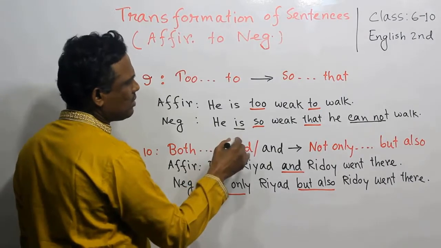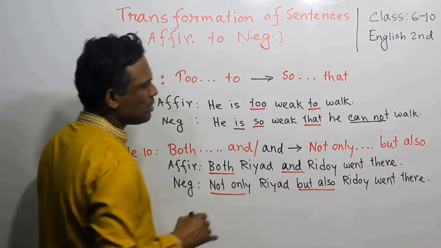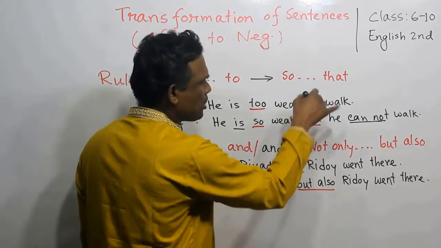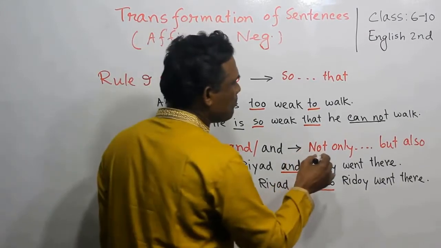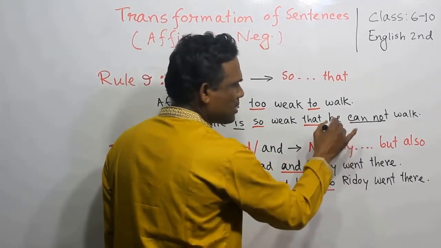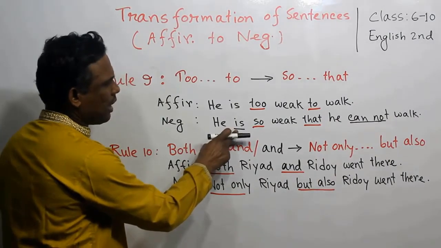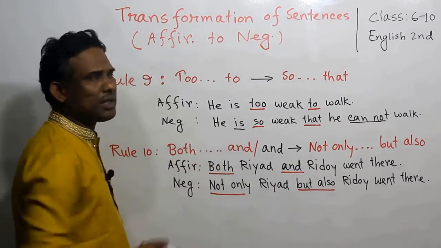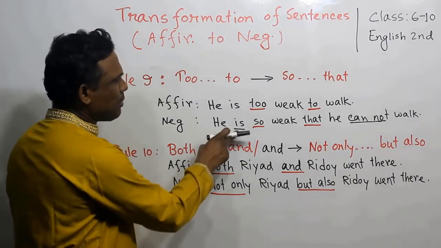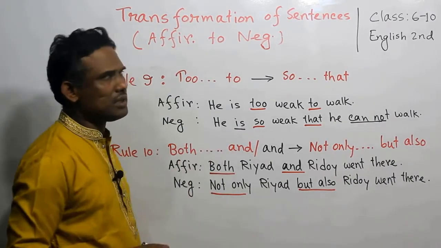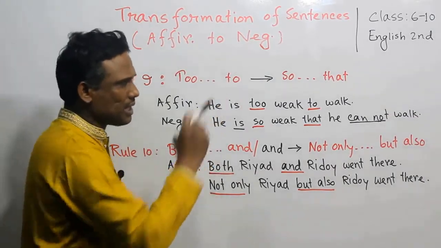Here you can see I have used so in place of too. I have used that in place of to. Here you can also see I have used cannot after the subject because the verb after the first subject is in the present form. You should remember, if the verb after the first subject is in the past form, you have to use could not after the second subject.